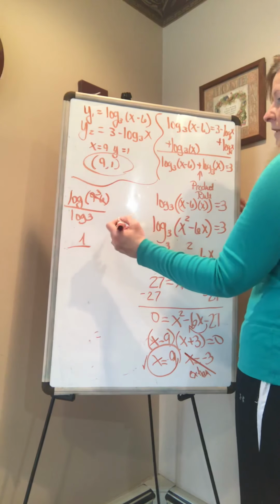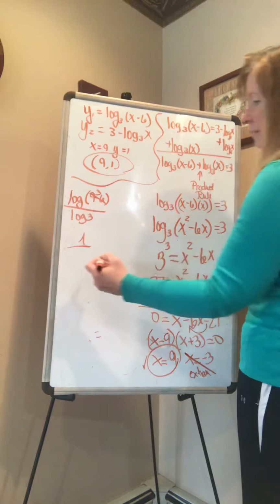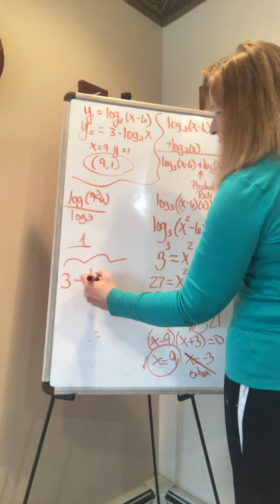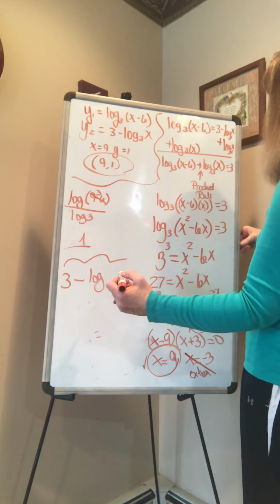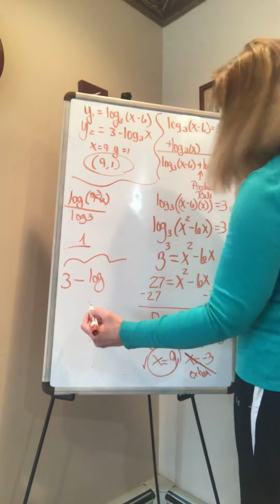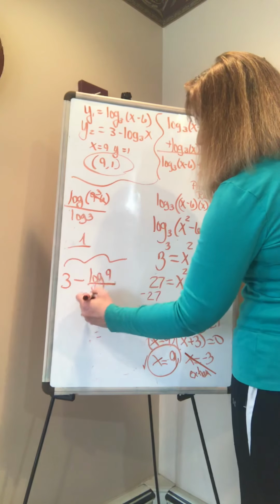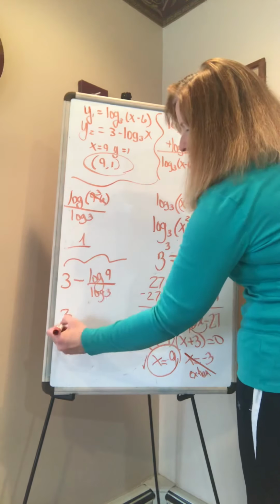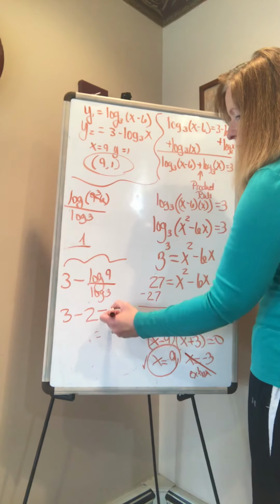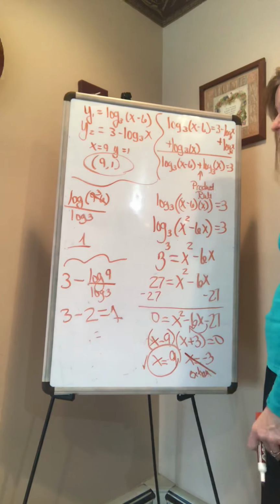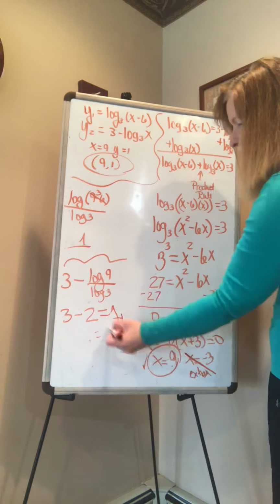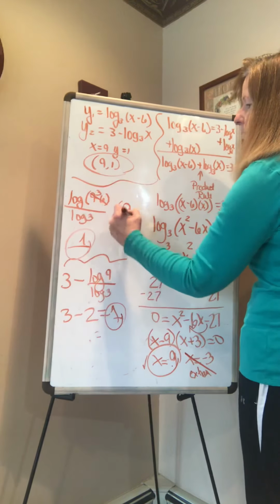And then the other side has 3 minus the log of 9, excuse me, divided by the log of 3. And then this would give me 3 minus 2 on the calculator, which is 1. Since both sides equaled 1 whole, it works. So therefore, when you had x and both sides gave you 1, there's your point.